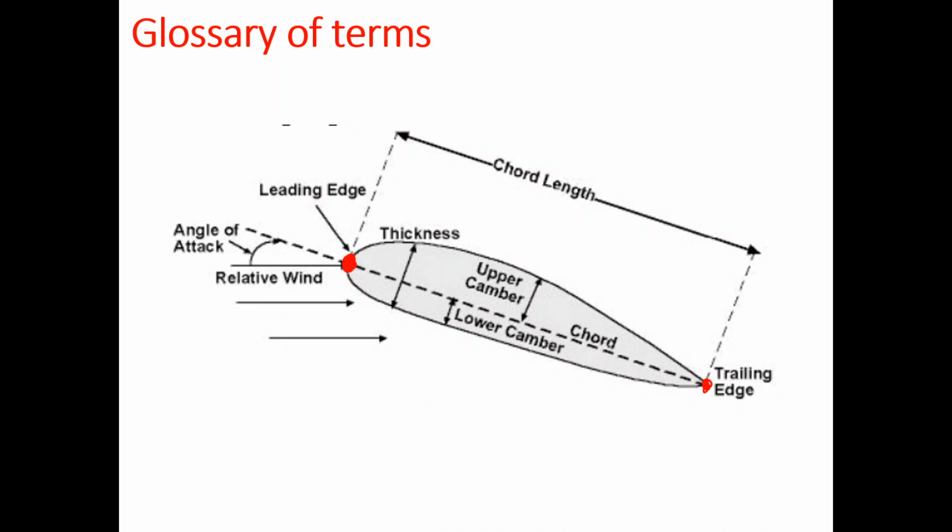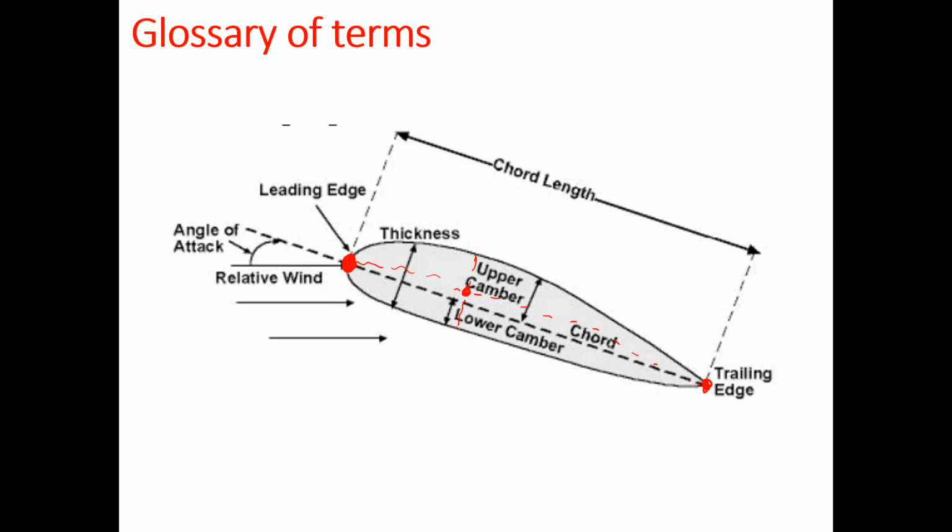We have the thickness of the aircraft, which changes as you move from the trailing edge to the leading edge. The chord length is the shortest distance between the trailing edge and leading edge, that's between the LE and TE. We also have the camber, which gives you every point of camber having the same distance from the upper part of the airfoil and the lower part of the airfoil.